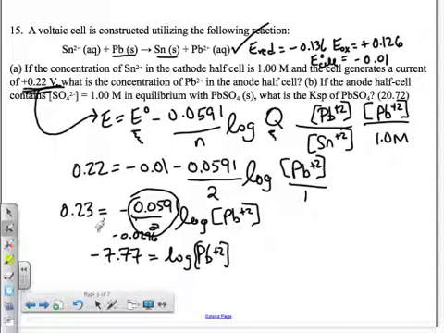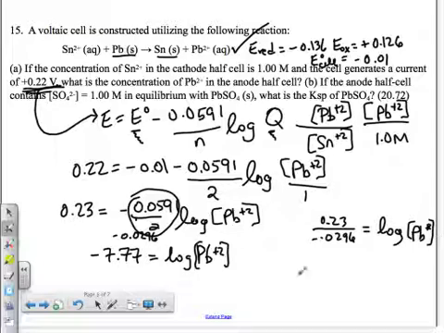I'm going to divide both sides by that, so I'm going to do it over here: 0.23 divided by negative 0.0296, and that is equal to the log of the Pb. So do I indeed get the 7.77? Just double checking. Yes, I do.